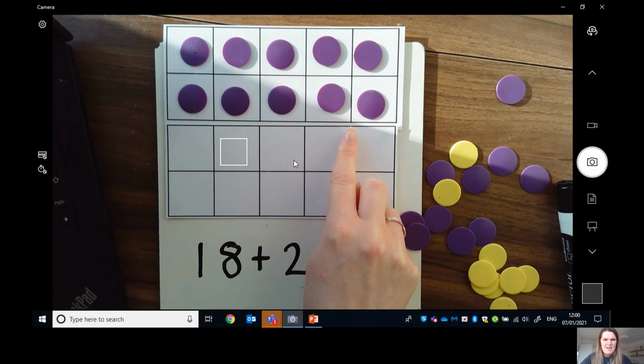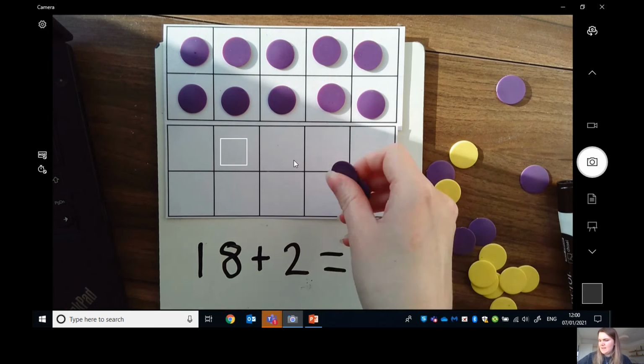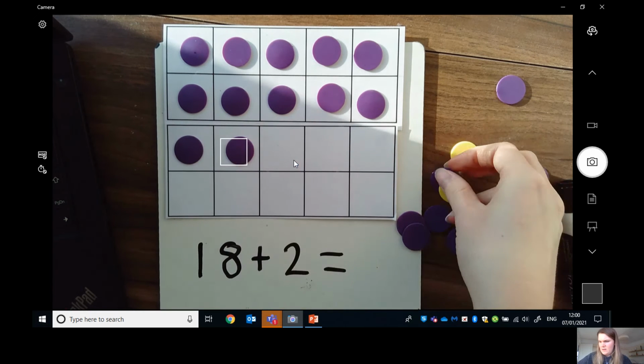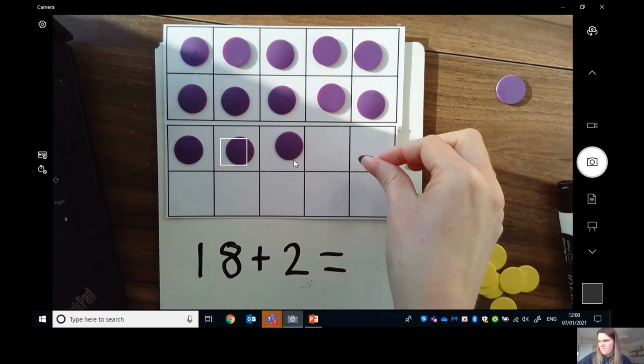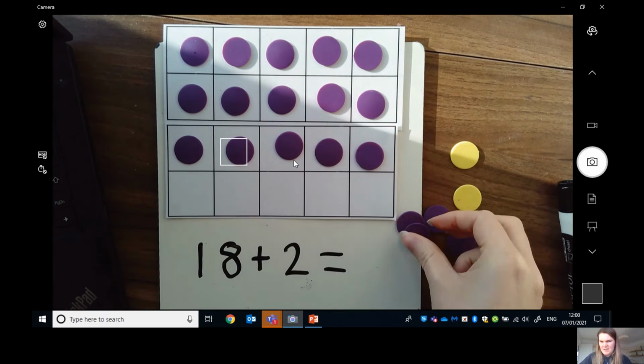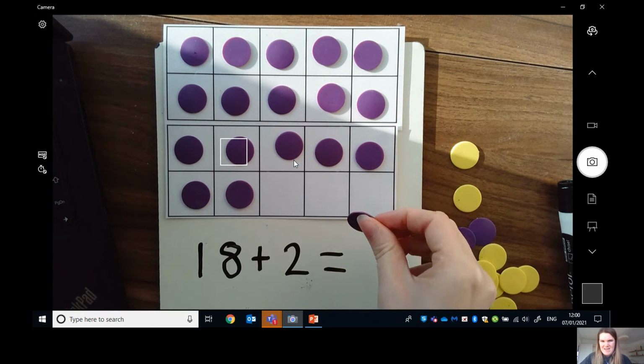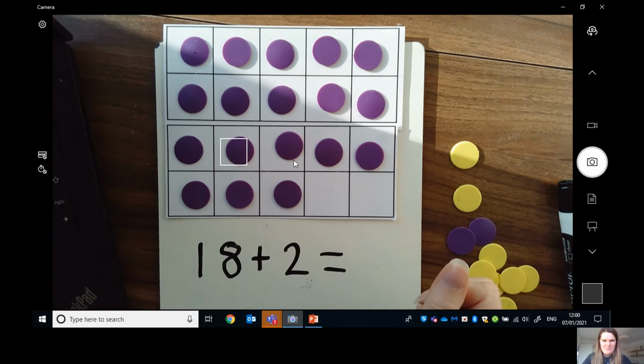Here I've got 10, and I need to get my 18. 11, 12, 13, 14, 15, 16, 17, 18. I've got 18.